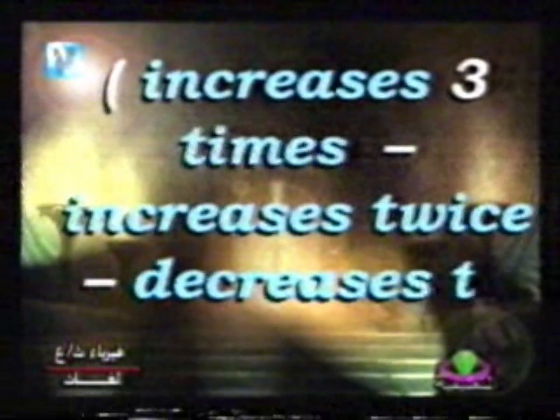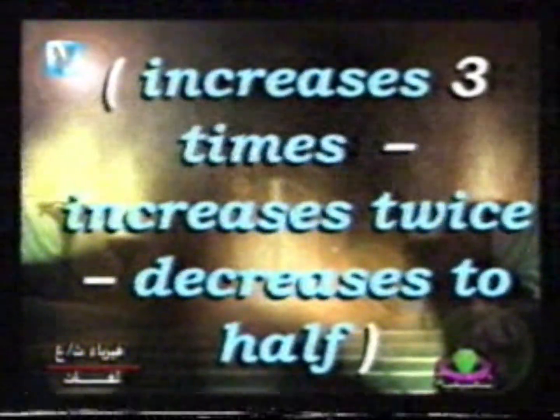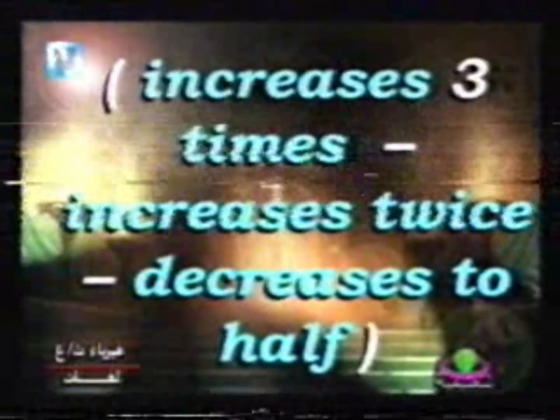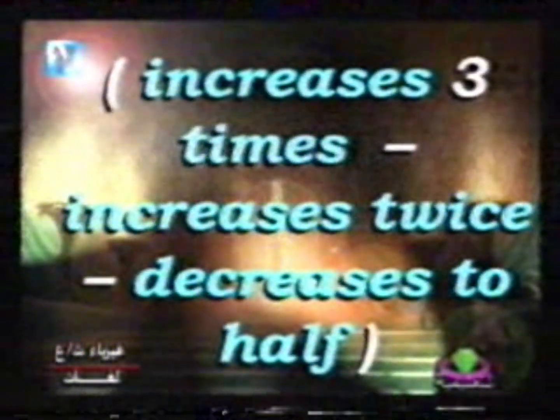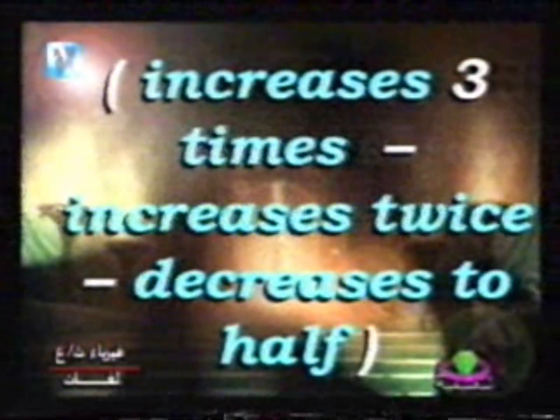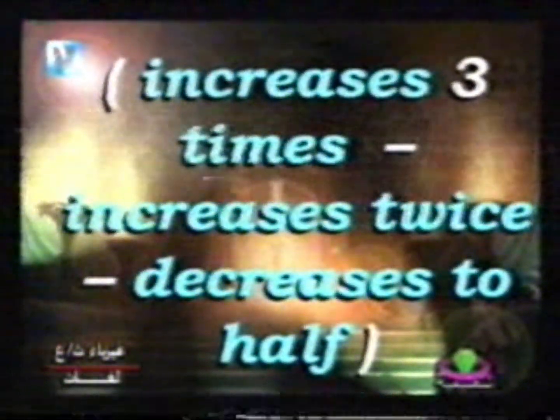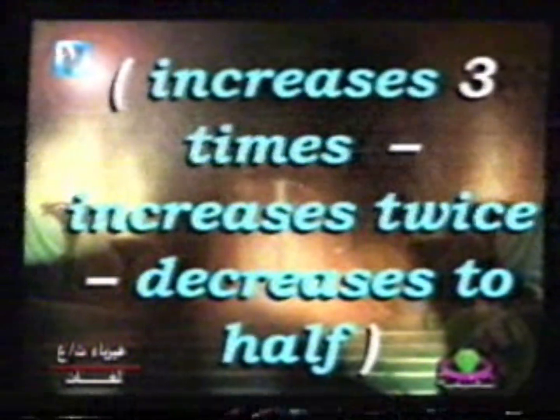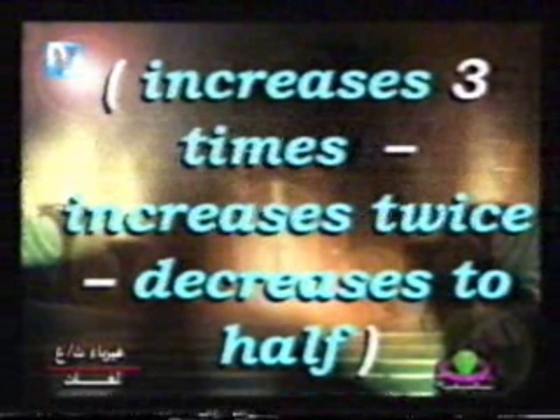Another one. If the length of the vibrating string is doubled, the frequency of the emitted tone will: increase 3 times, increase twice, or decrease to half, at constant Ft and m.